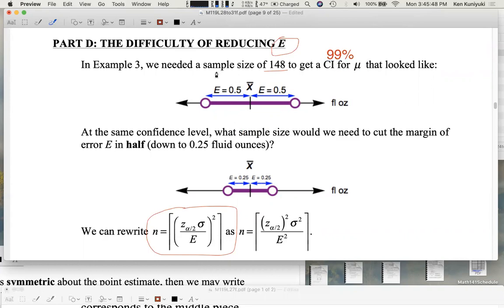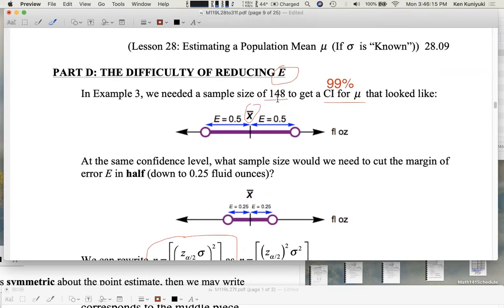If you take a sample of 148 cartons of ice cream, and you do your statistical analysis, you find the sample mean, then when you construct your confidence interval, it's going to look like this, where the sample mean is, of course, at the center of your confidence interval for mu, whether it's 99% or something else, and the margin of error is the half width of this interval.